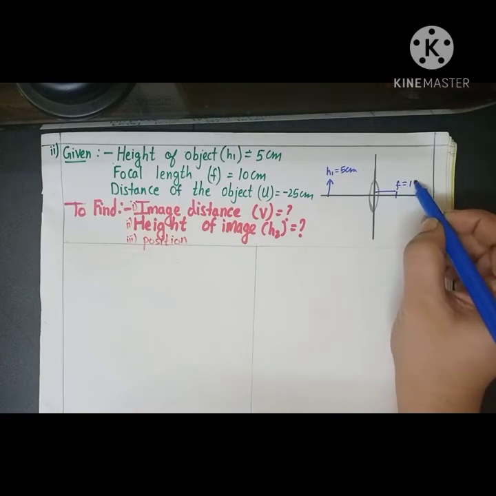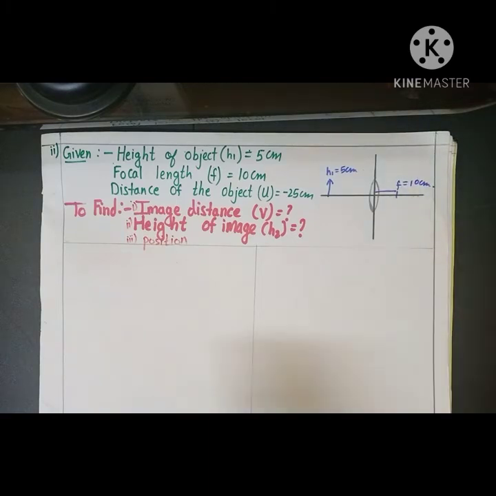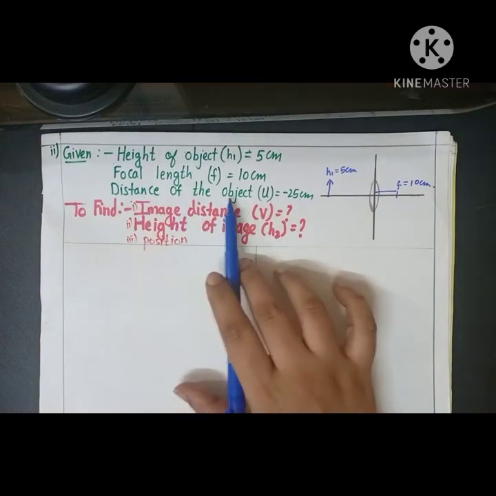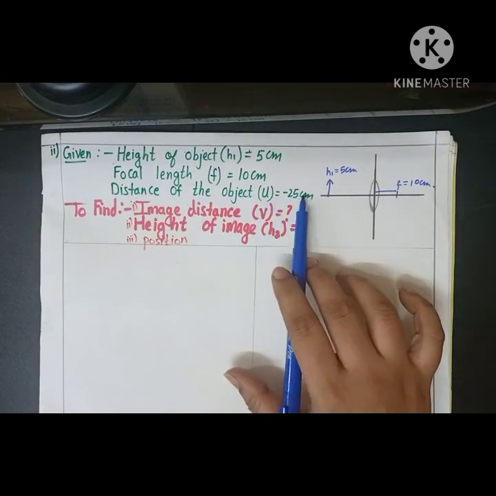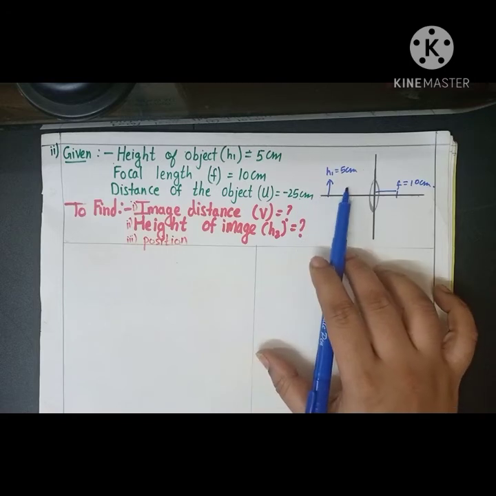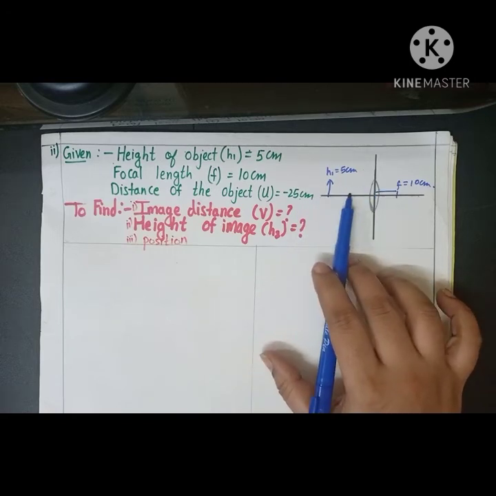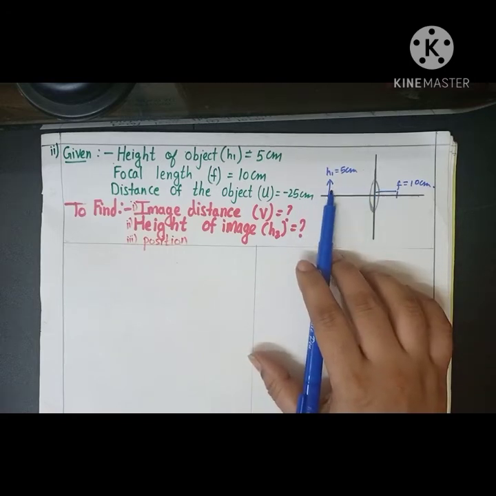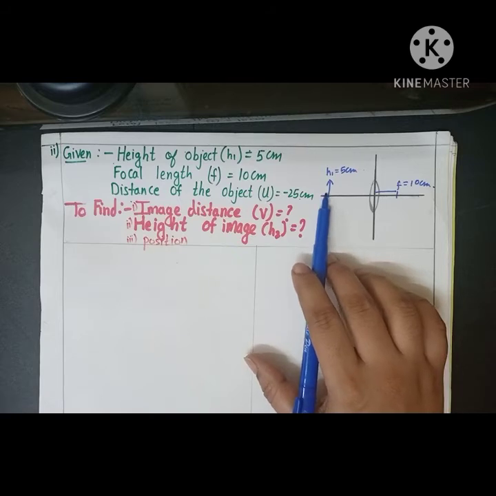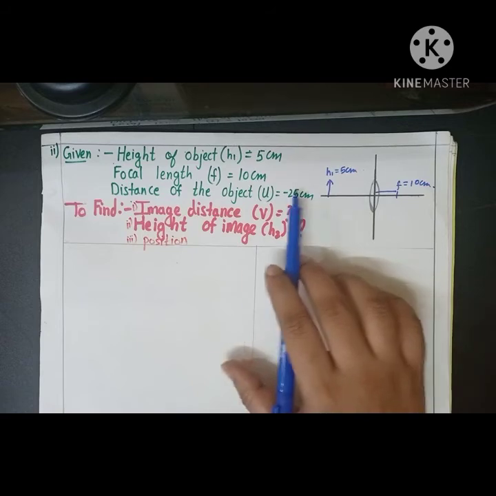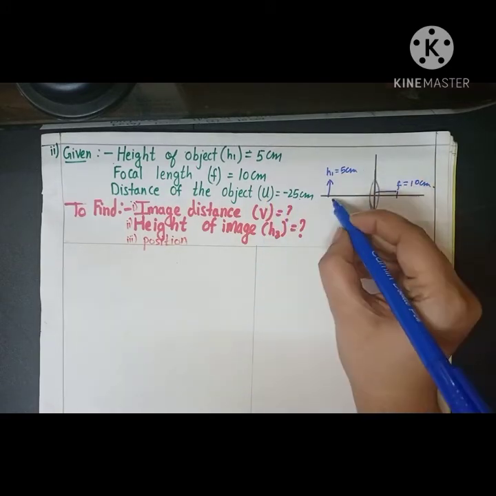So f is equal to 10 cm. Next, distance of the object u is 25 cm. As for a convex lens, the object is kept on the left side of the lens, so it is on the negative side of the axis, so u is equal to minus 25.